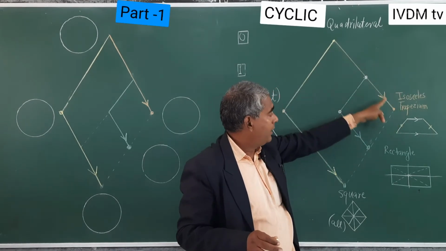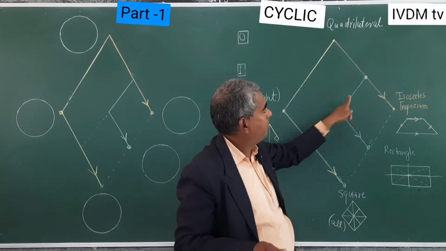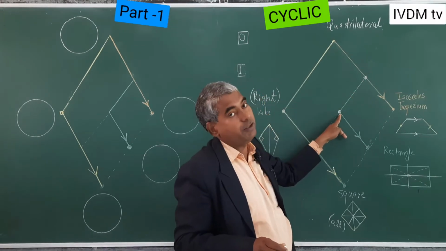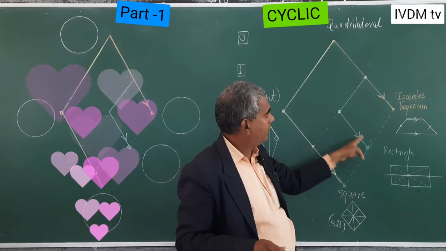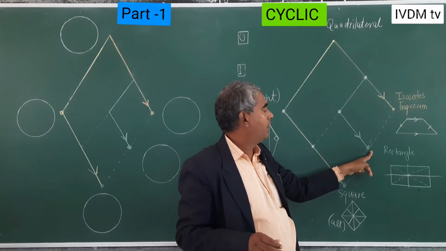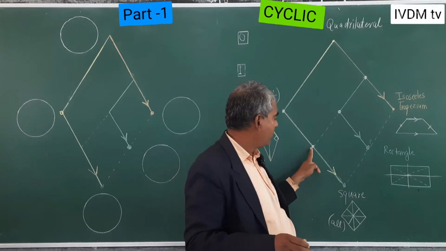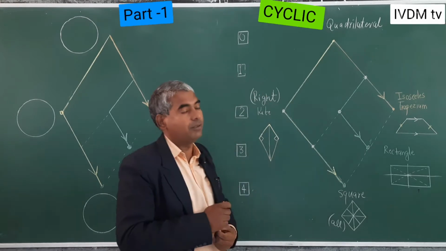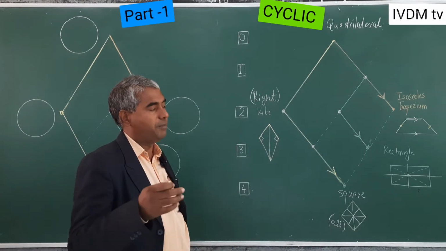Then the trapezium is divided into parallelogram and isosceles trapezium. The parallelogram is divided into rhombus and rectangle, and then rectangle and rhombus can be changed into the square. This was all in class 8th, in the quadrilateral chapter.